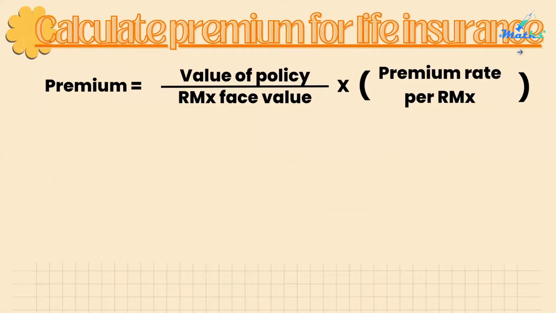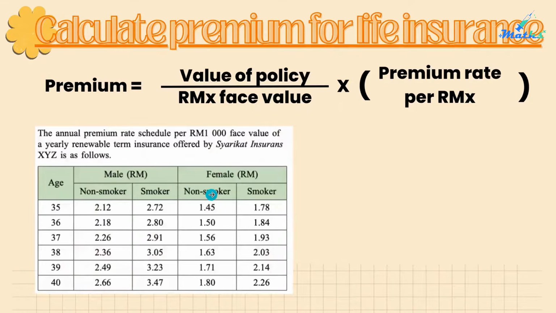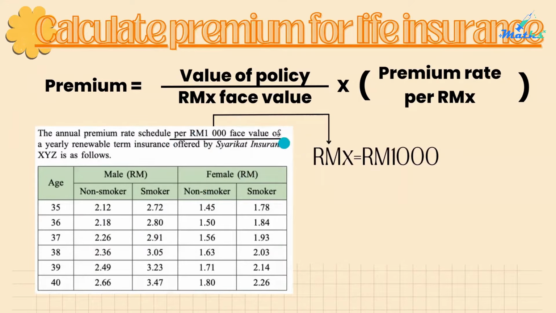Next is how to calculate premium for life insurance. The formula is value of policy divided by the RM face value, times the rate. Here is an example. The RM face value is 1000, as in most questions the RM will be per 1000.